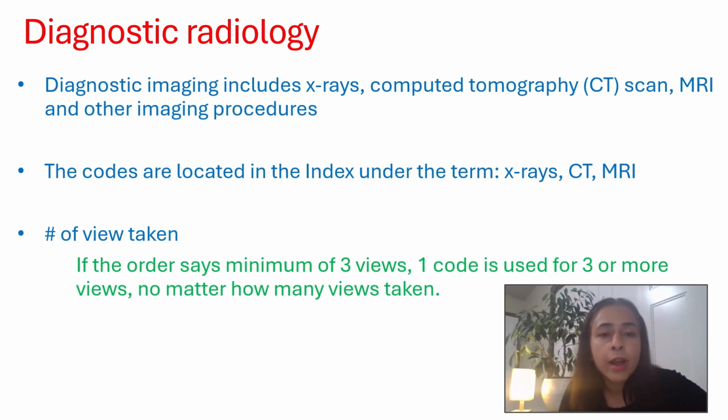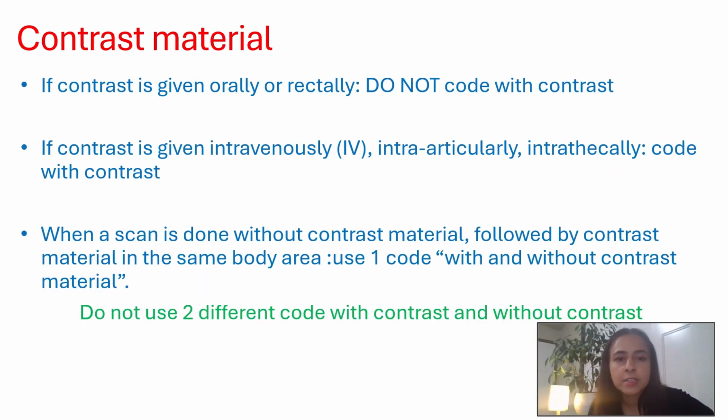And while we code for radiology, we have to make sure whether the question asks about the number of views taken, like how many views are taken. So we have to keep an eye on that as well. If the order says minimum of 3 views, one code is used for 3 or more views, no matter how many views are taken.